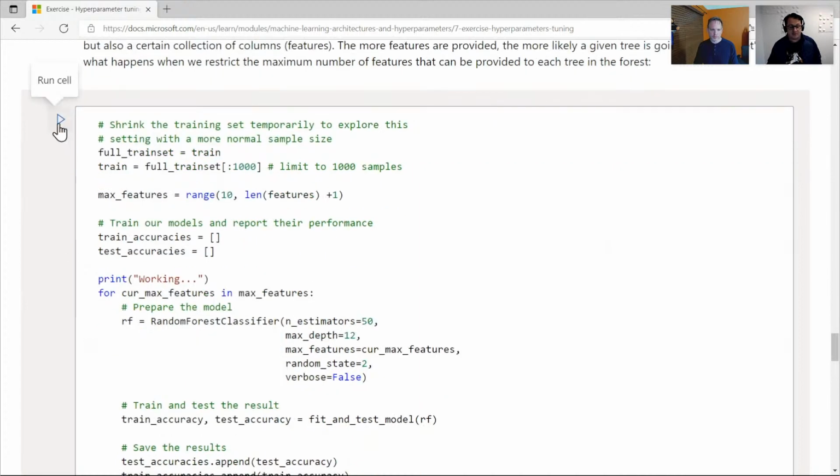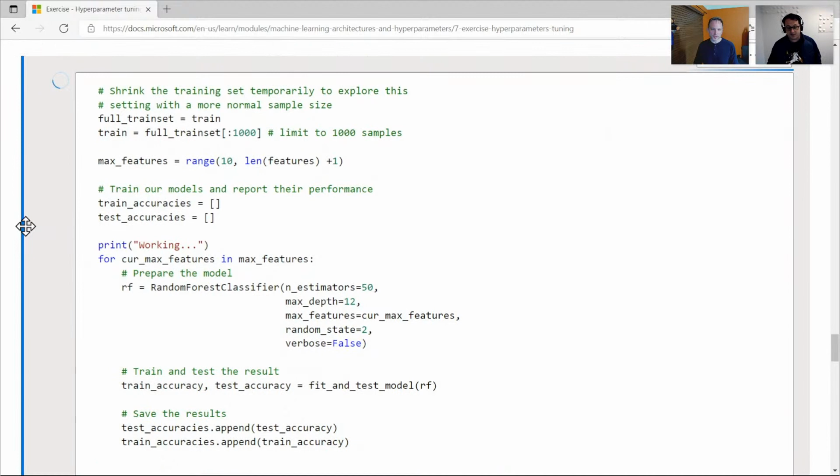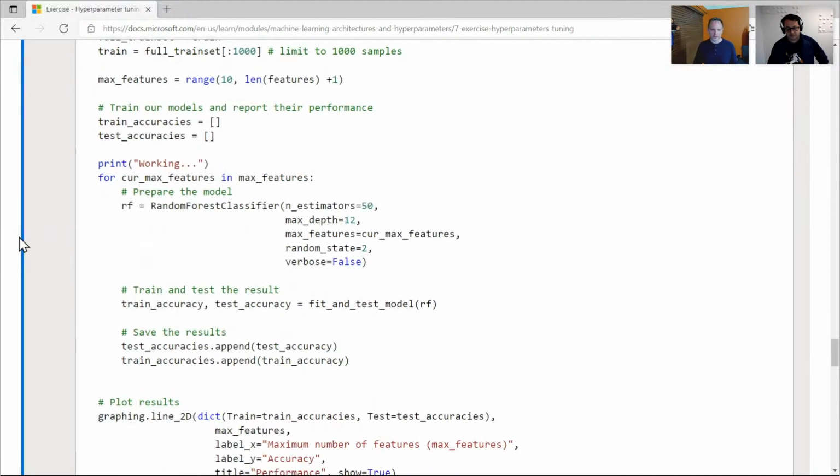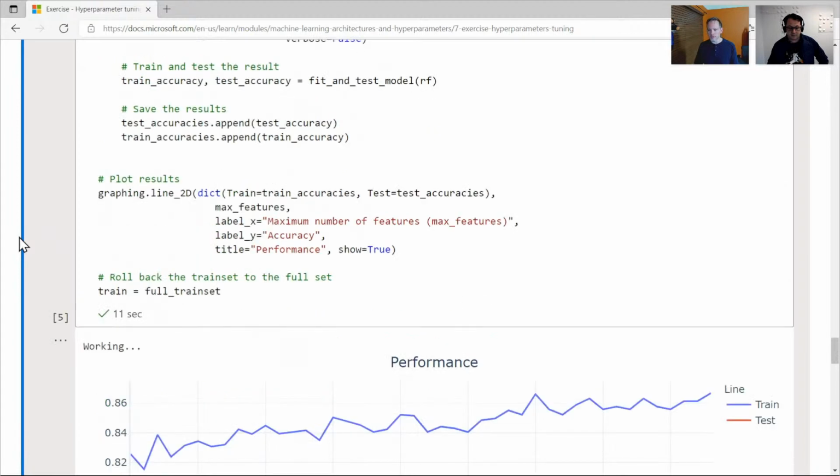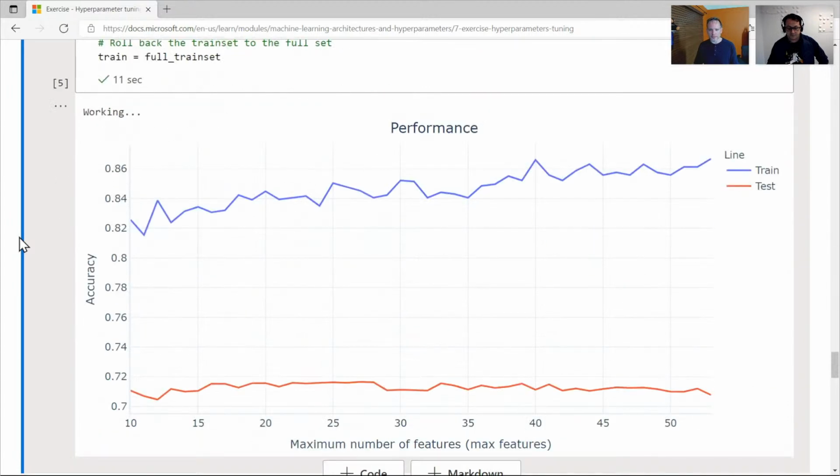Again, it's doing that same visualization process. So it's going to try doing 50 trees with 10 features each. Then it's going to try doing 50 trees with 11 features each, etc., all the way until it gets to all of the features. So it's creating 50 trees times all of the features minus 10.